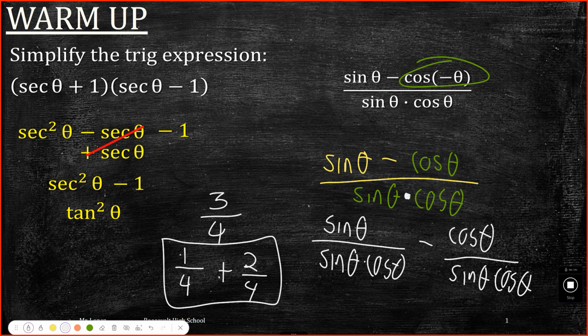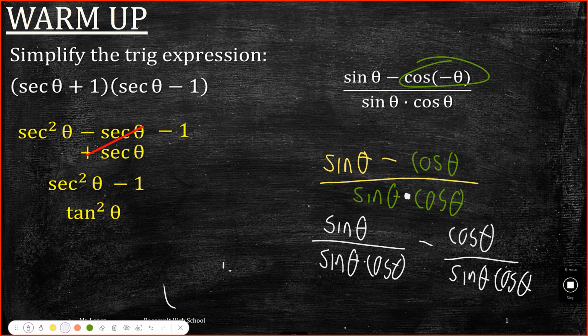What can we do here? Anybody, what can we do now? Nobody? Cancel cosine. Still, you wonder, is that really more simplified?